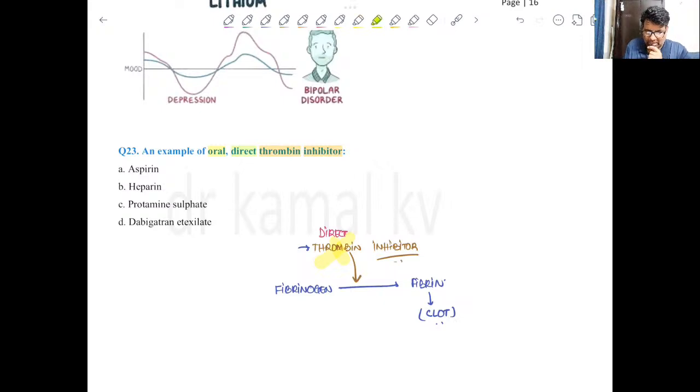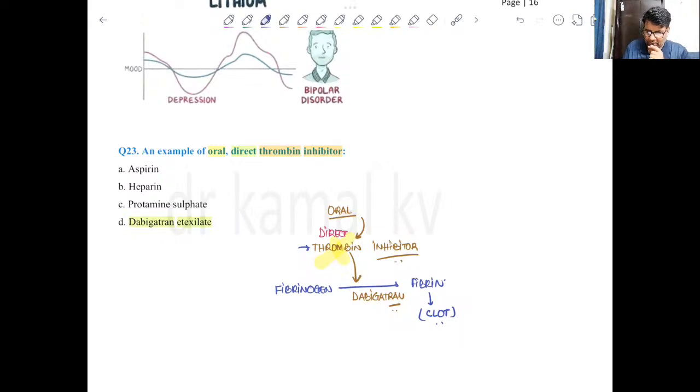So this is actually dabigatran etexilate, right? So the oral direct thrombin inhibitor is dabigatran. Clear? Aspirin has nothing to do with the coagulation pathway here.